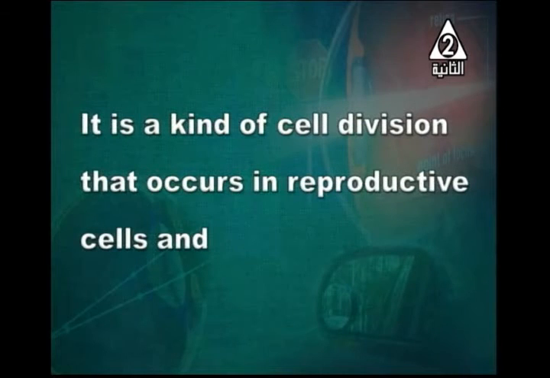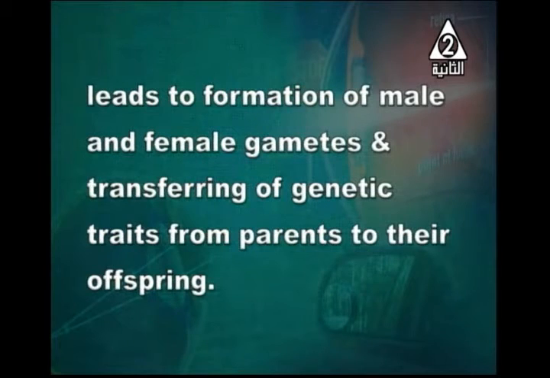What is meant by meiosis? Meiosis is a kind of cell division that occurs in reproductive cells only, and it leads to the formation of male and female gametes and the transferring of genetic traits from parents to their offspring.